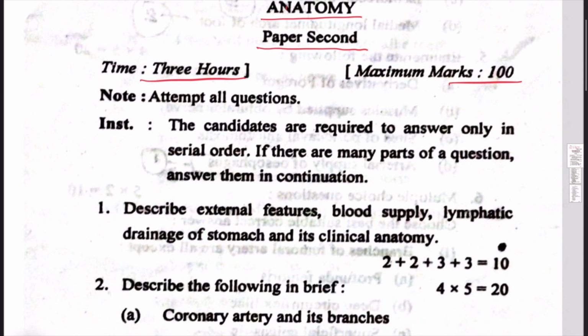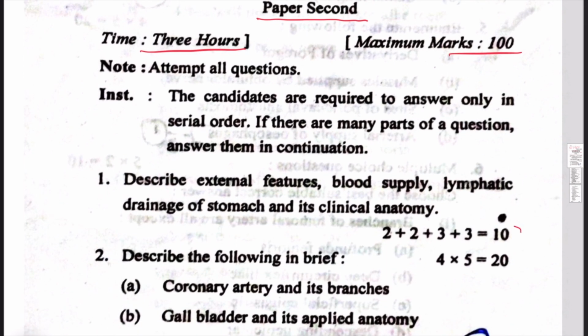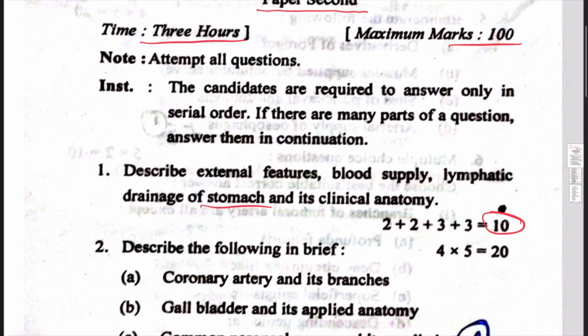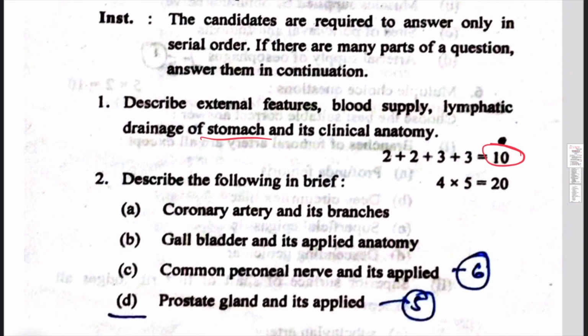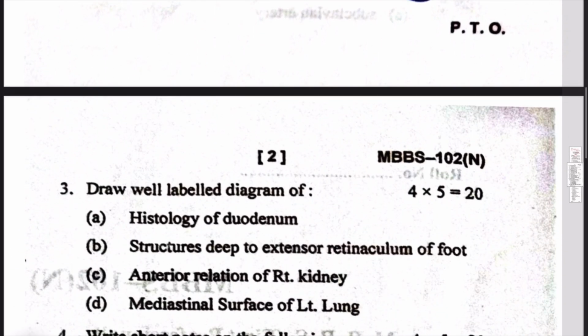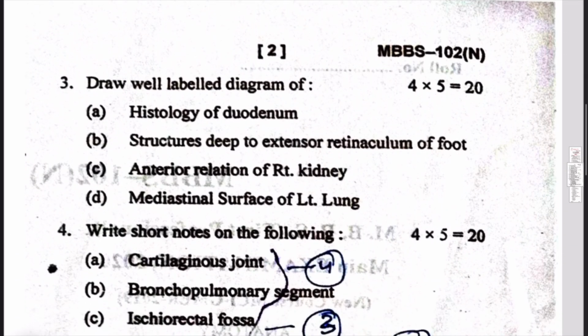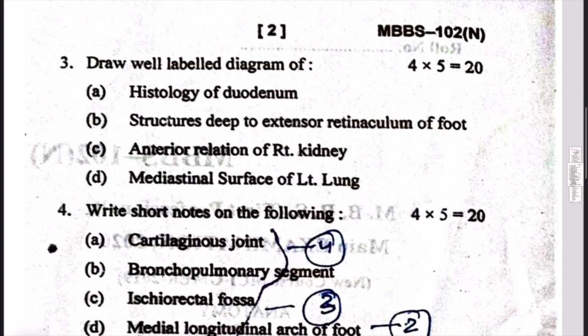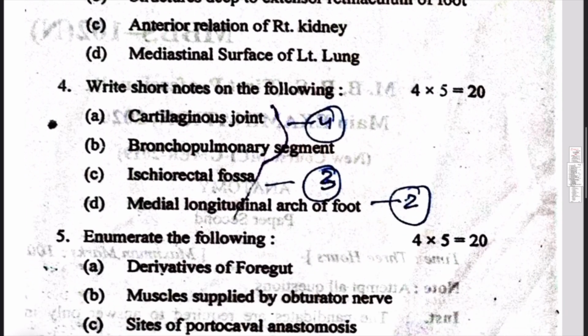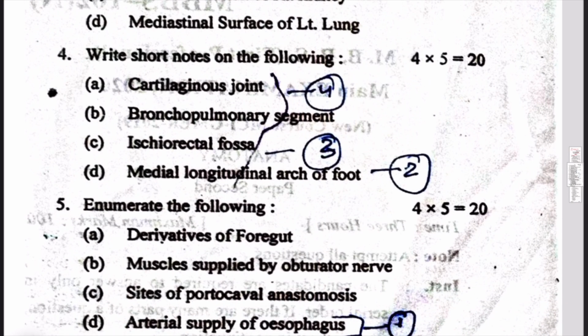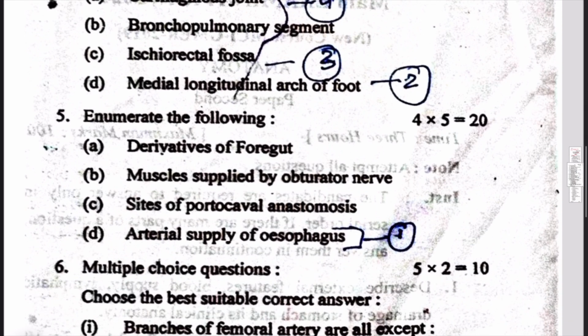There was a long question of 10 marks on stomach. Then there are short questions of 20 marks, diagrams of 20 marks, short notes again 20 marks, and enumerate type questions, also 20 marks.